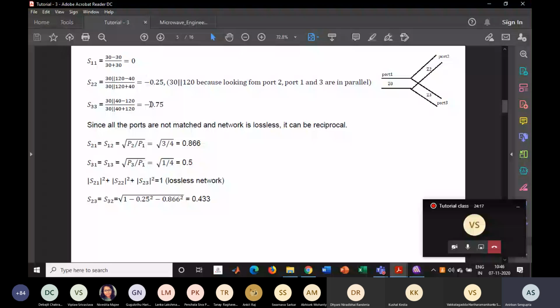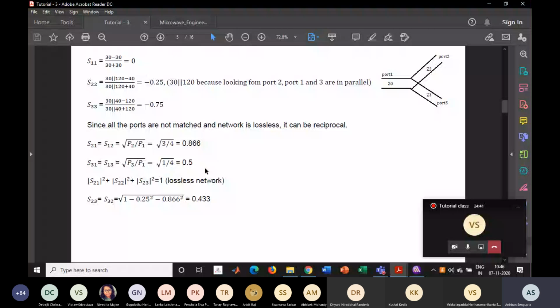Since all the ports are not matched, the network is lossless and it can be reciprocal. So if it is a reciprocal network, then we can say S12 and S21 are the same. And from the unity equation, we can find that the summation of the squared magnitudes of a row is 1, from the unity equation of a lossless reciprocal network.